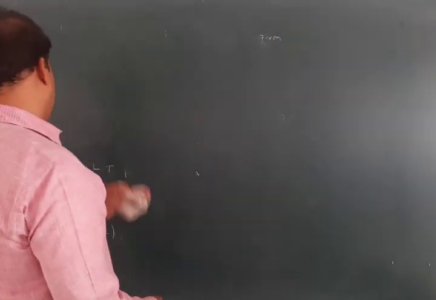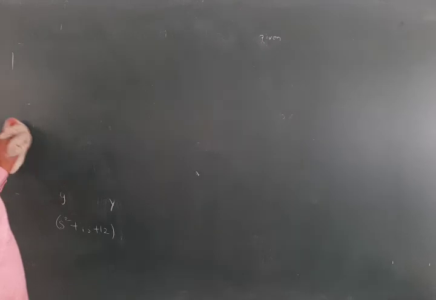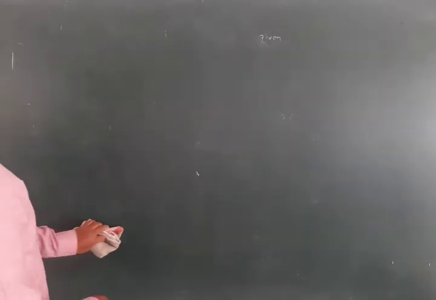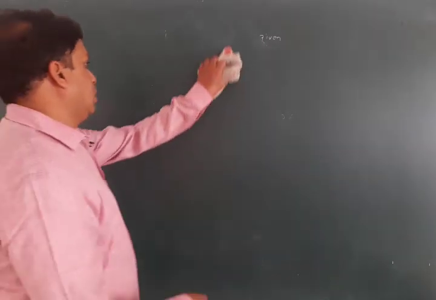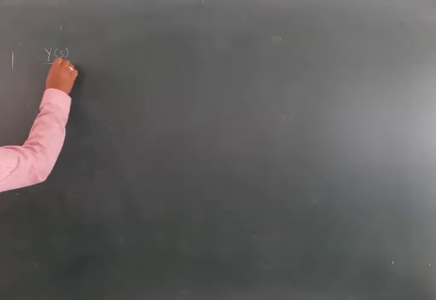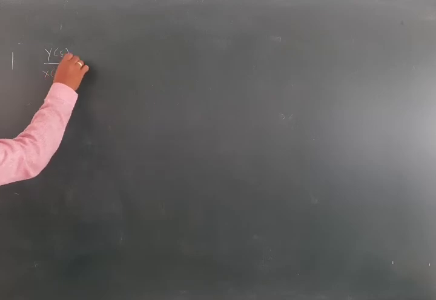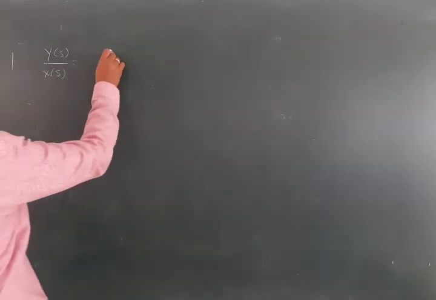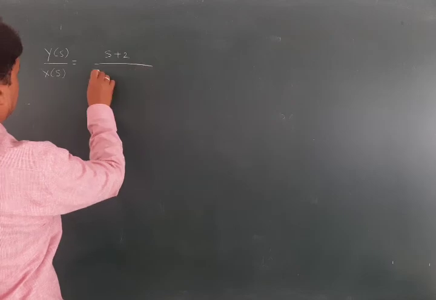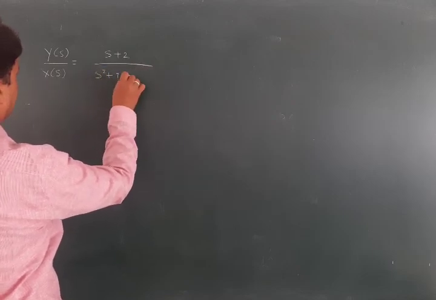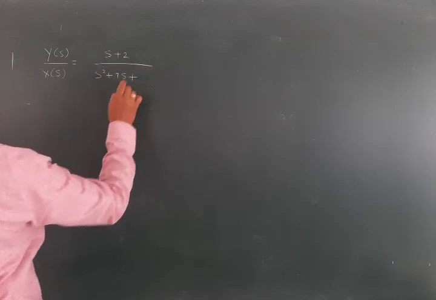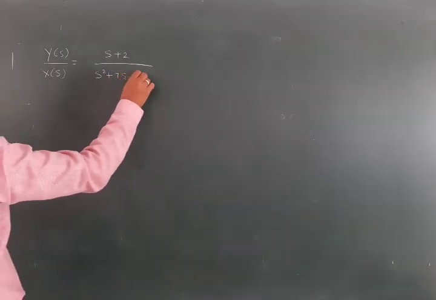For writing the transfer function, the equation becomes like this. So if you see the equation here, it is y of s by x of s is equal to s plus 2 by s square plus 7s plus 12.